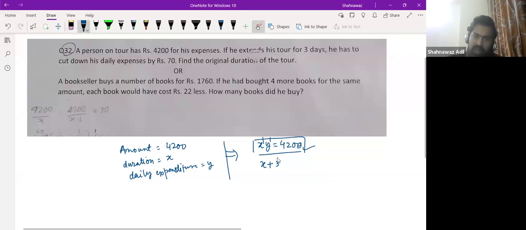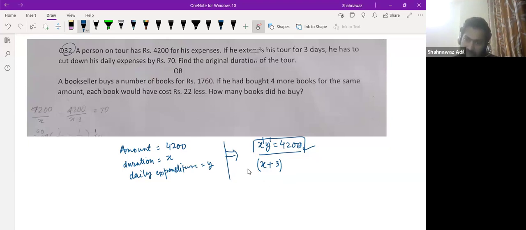Now if we increase the duration by 3 days, then he has to cut down his daily expenses. What would be the new daily expenditure? y minus 70.